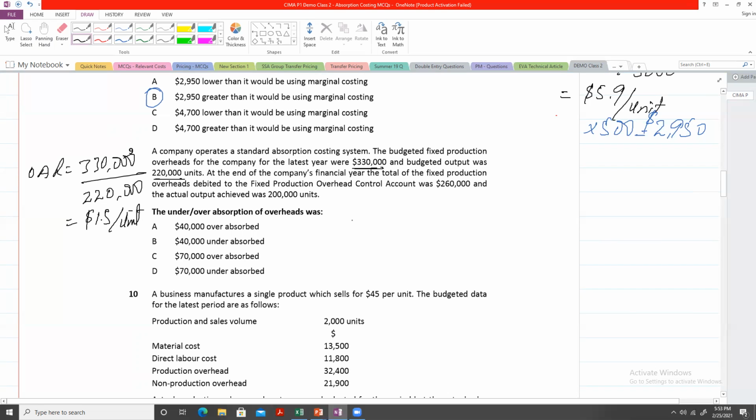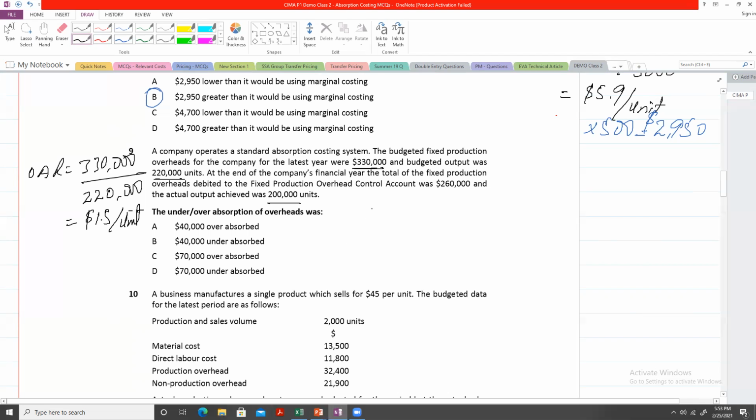Now we are given the actual output, the actual production volume, which was 200,000 units. If we multiply the overhead absorption rate by the actual output achieved, we will get absorbed overheads.